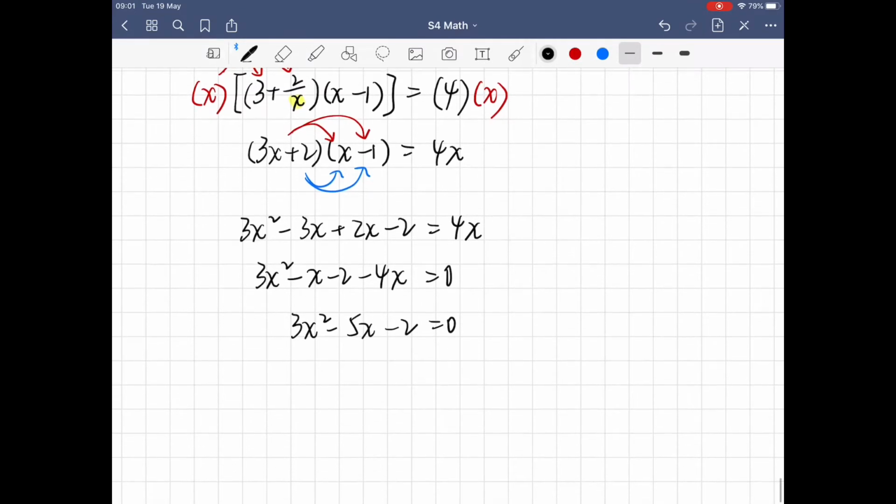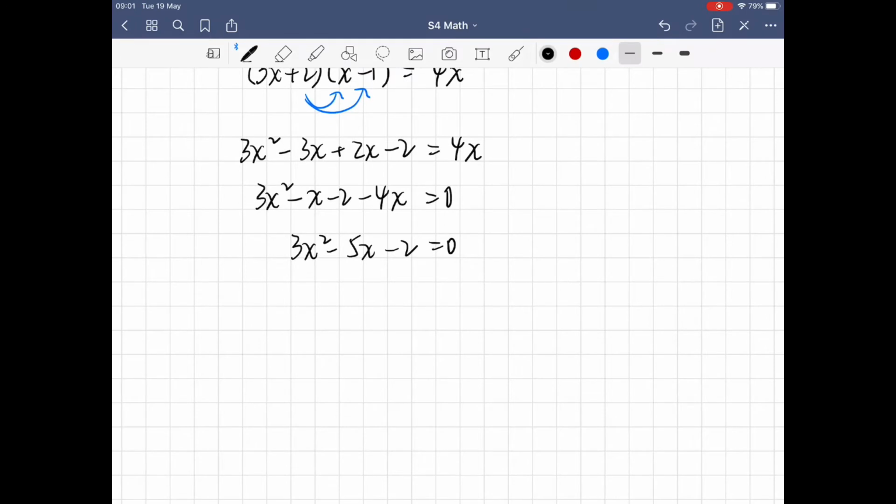Okay, and then we have to factorize it. 3x plus 1 times x minus 2 equals 0. And finally, x equals negative 1 over 3, or x equals 2.